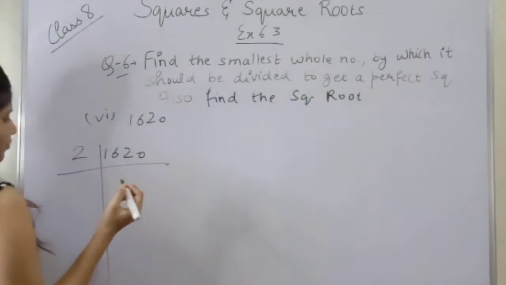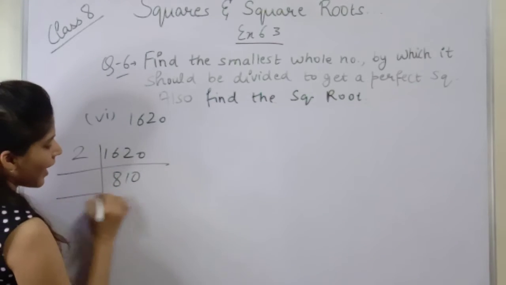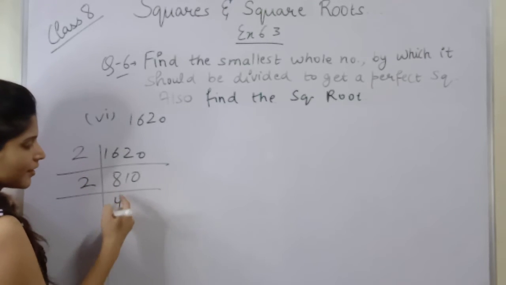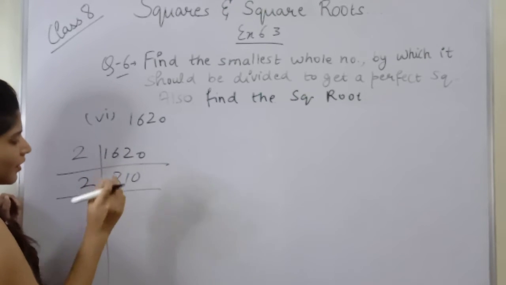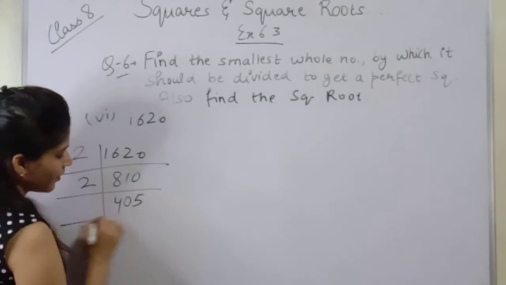So 2 8s are 16 and 2 1s are 2 and 0 as it is. Now again 2 4s are 8. Now 1 is a smaller number, so a 0 will be placed, and 2 5s are 10.